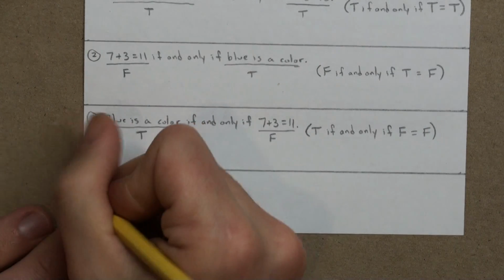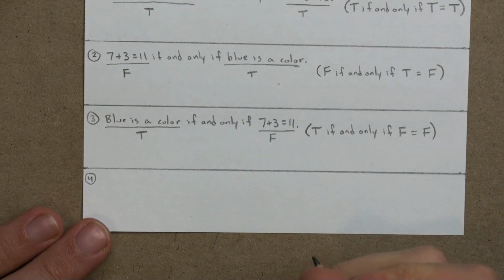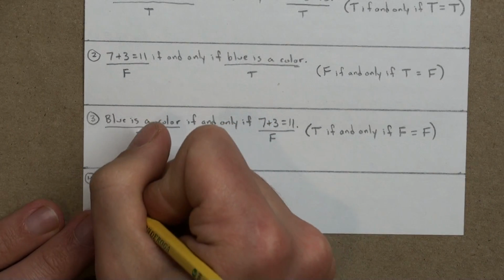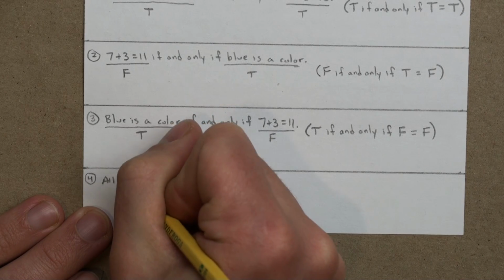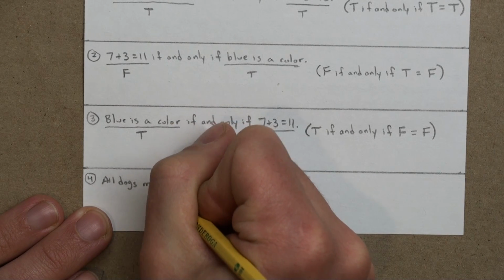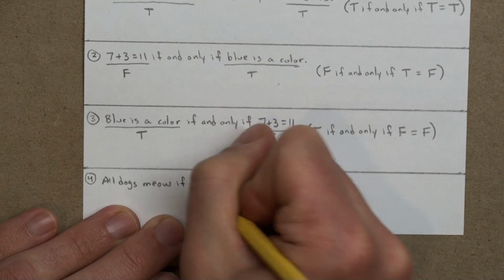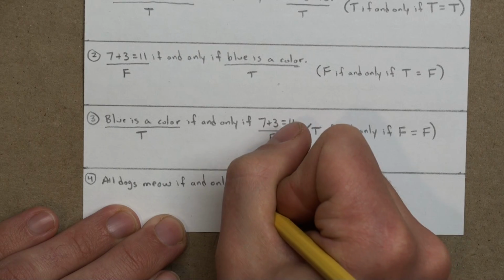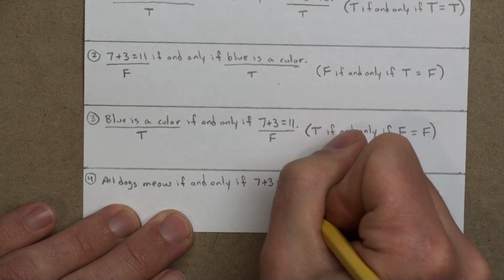And then finally we could have all dogs meow if and only if 7 plus 3 equals 11.